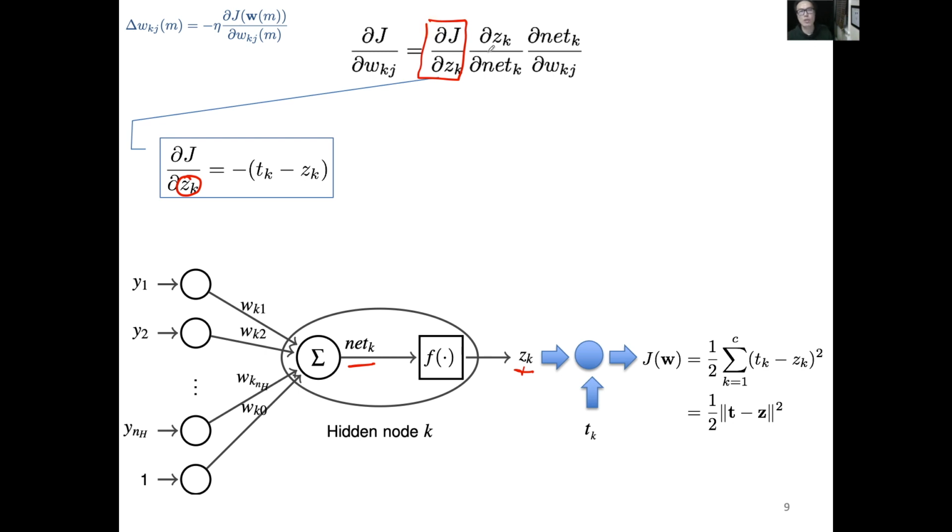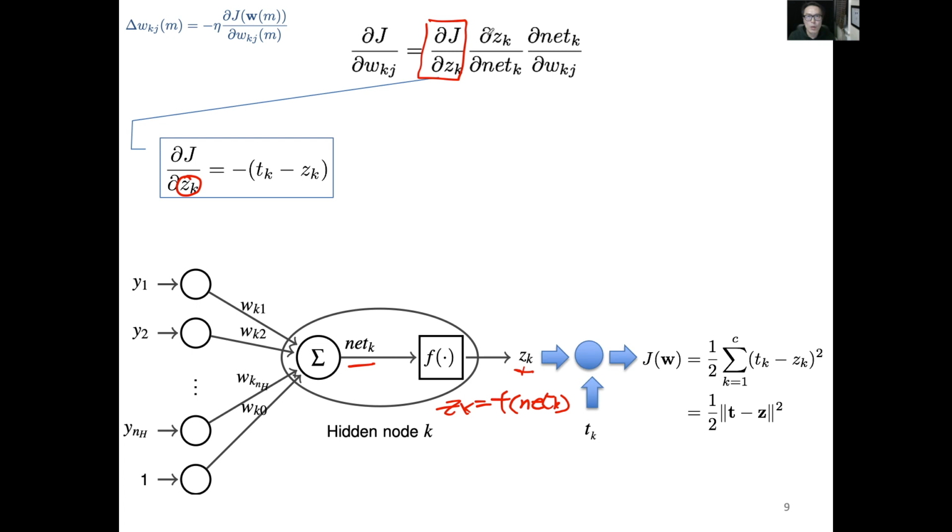And now we are going to look at partial zk, partial net-k. Partial zk, partial net-k, that would be this term. zk is a function of net-k, so zk is f of net-k.